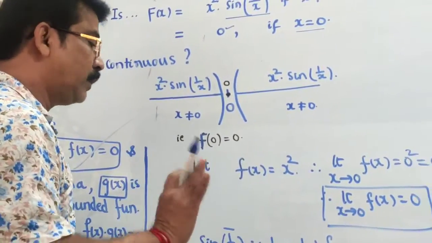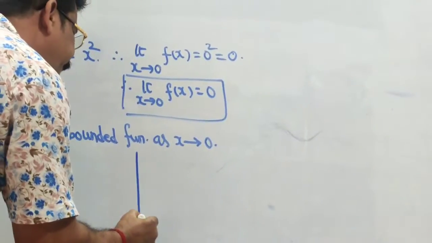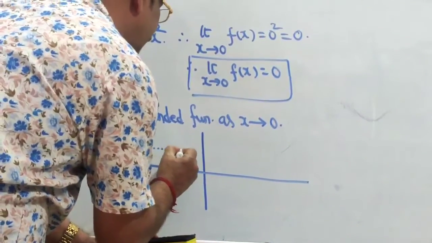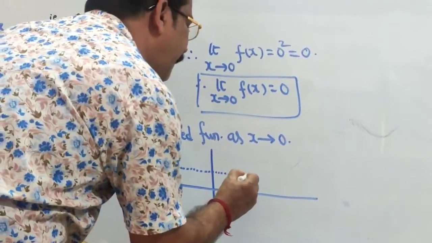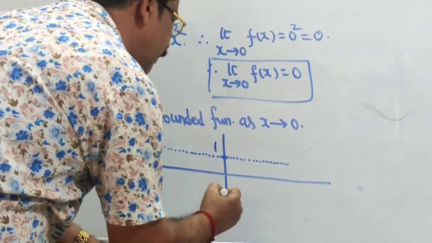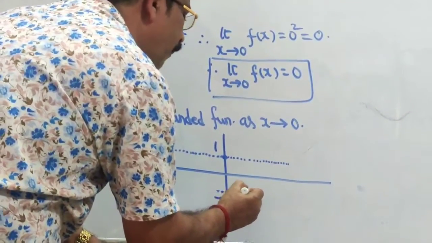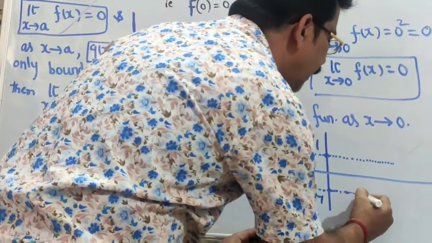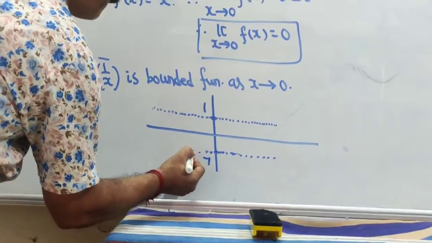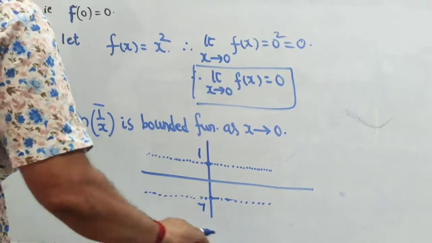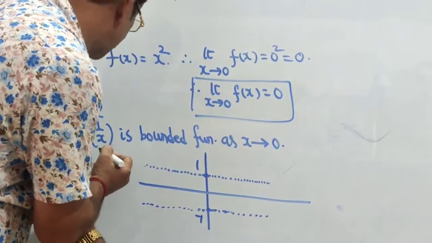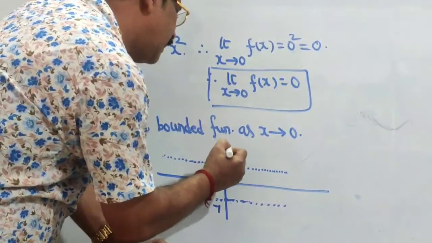Don't think like that. Okay, actually the graphical meaning will be like that. The graph will be like that. The maximum value of sin theta is plus 1, the minimum value is minus 1. So as x tends to 0, 1 by x is infinity, na?